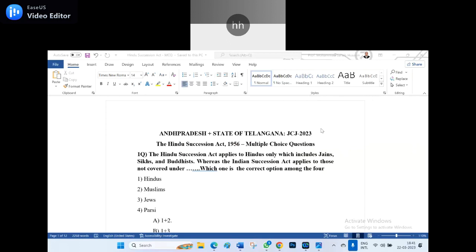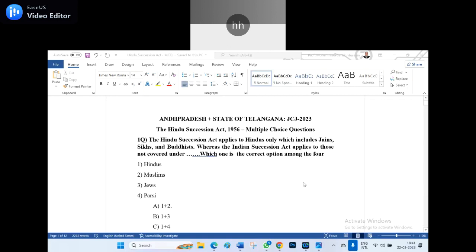Yes, the first question goes in this manner. The Hindu Succession Act applies to Hindus only, which includes Jains, Sikhs and Buddhists, whereas the Indian Succession Act applies to those not covered under the dash. Which one is the correct option among the four?